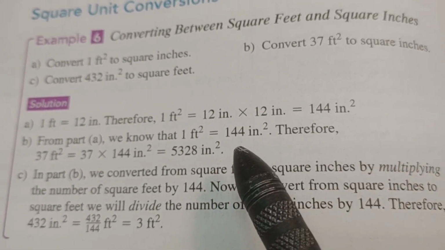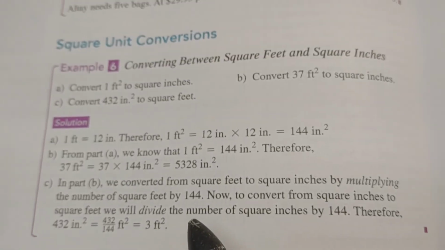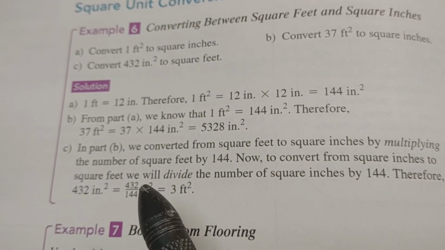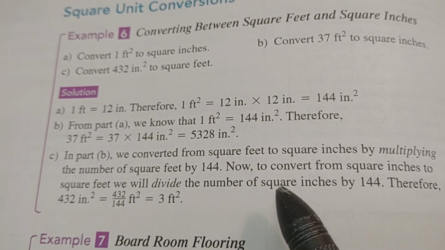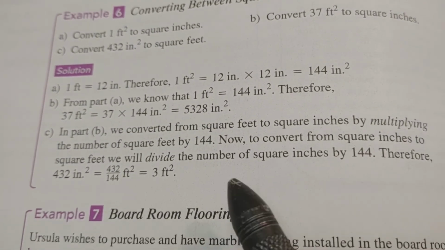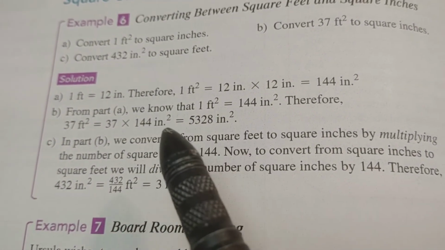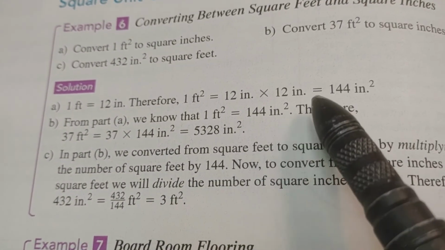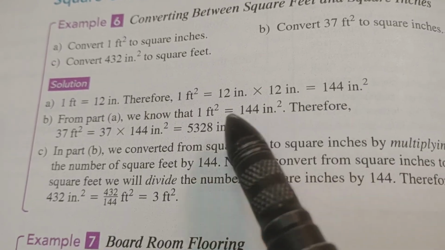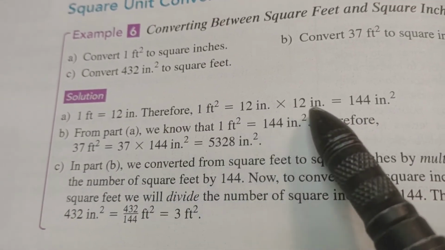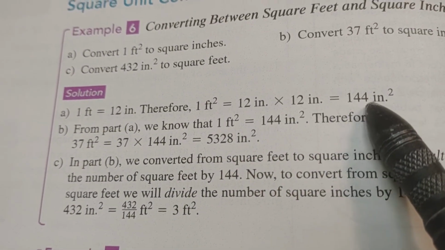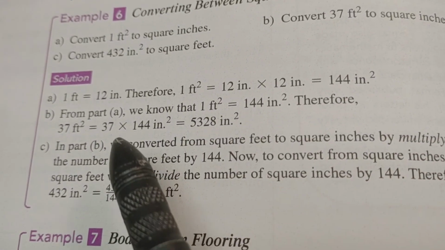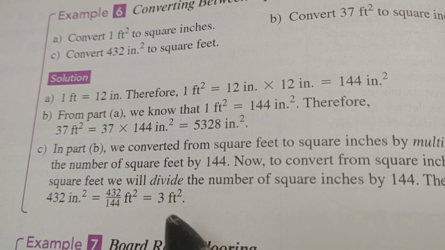We've got to figure out how many square inches are in 37 square feet. So we've got 37 times 144, because we're going to use the value above, since we know 1 square foot has 144 square inches. So we're just going to take 144 square inches and multiply times 37 square feet.